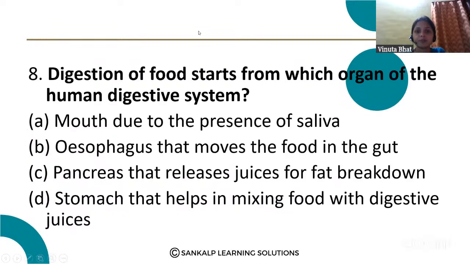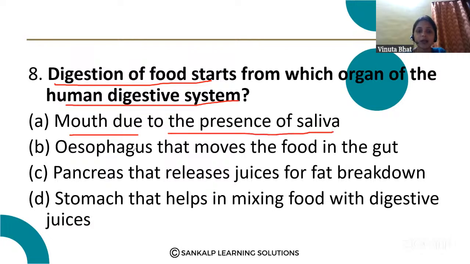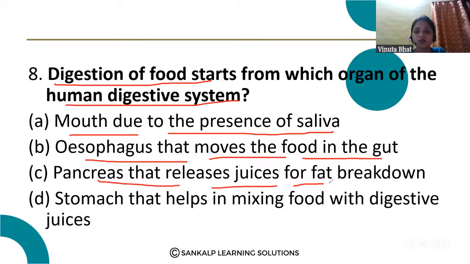Next question. Digestion of food starts from which organ of the human digestive system? The digestion starts from the mouth due to the presence of saliva; the esophagus moves the food into the gut; the pancreas releases juices for fat breakdown; the stomach helps in mixing food with digestive juices.